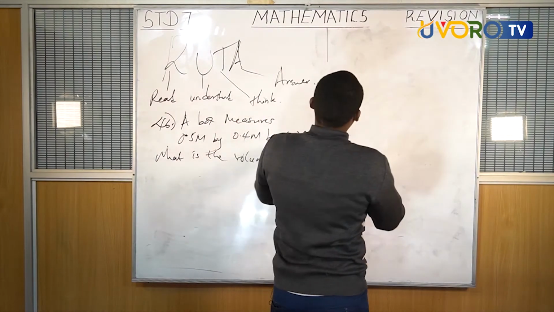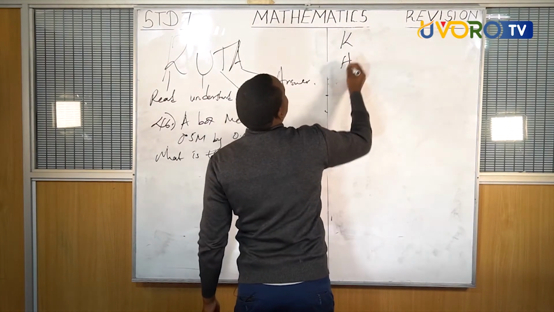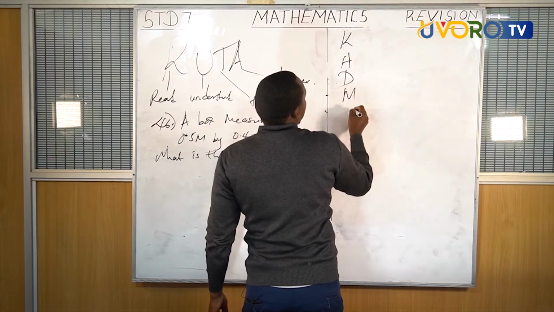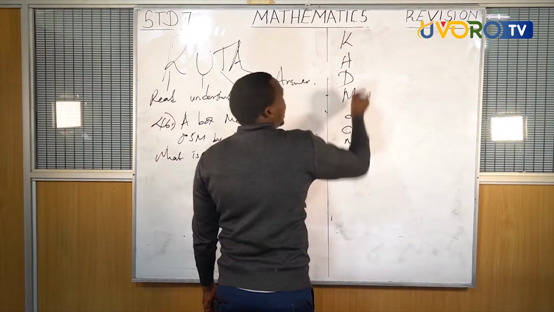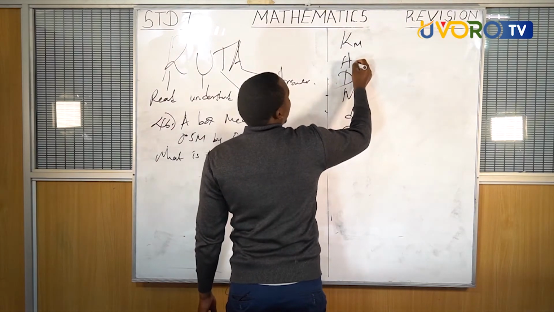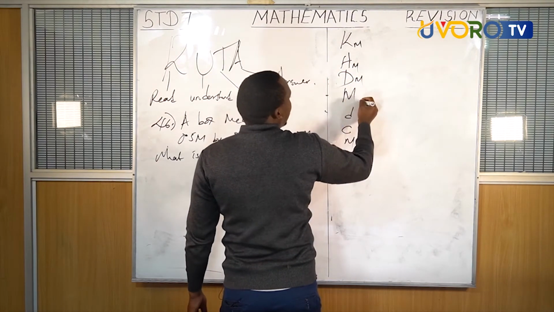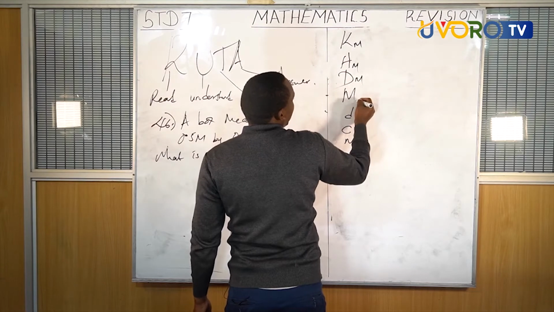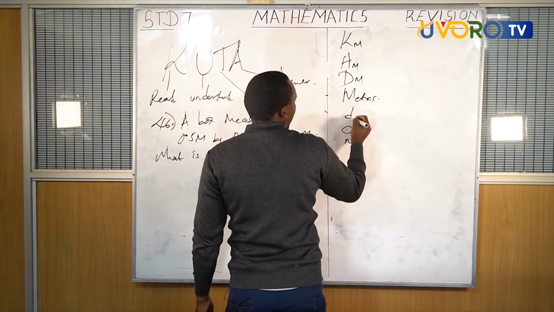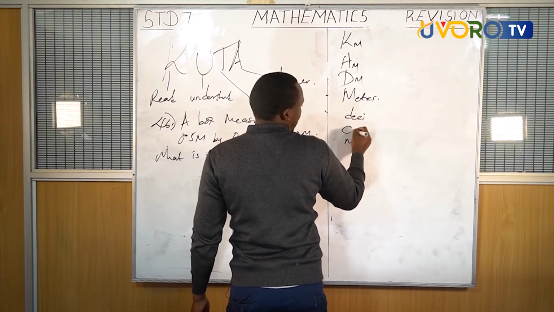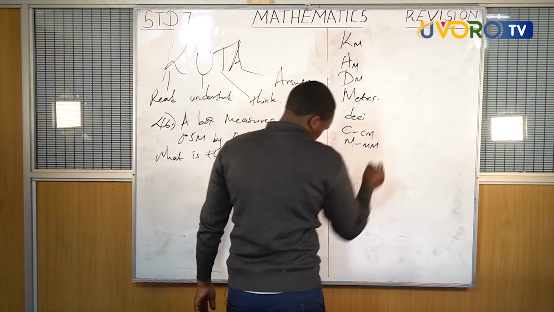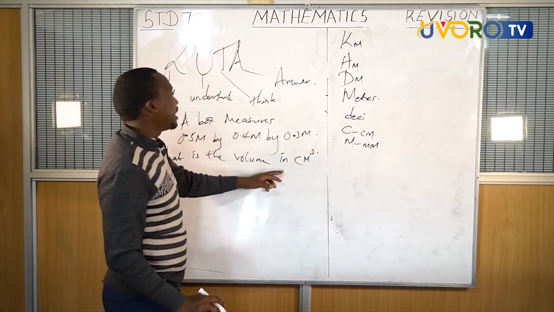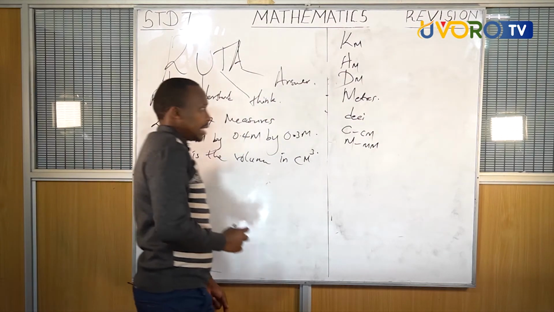You have the formula: Kenya has many dams containing magic. Kilometers, hectometers, decameters, meters. This is meters. Decimeters, centimeters, and millimeters. How many centimeters make 1 meter?